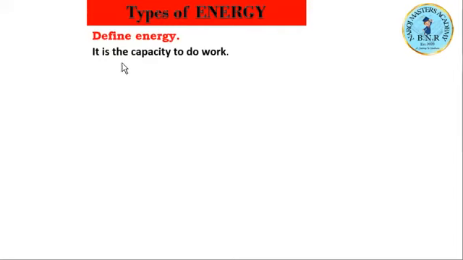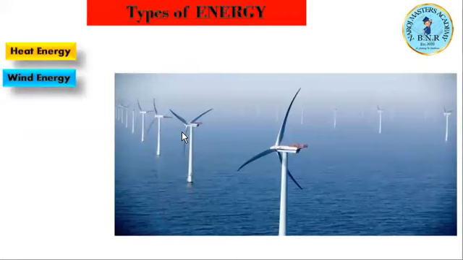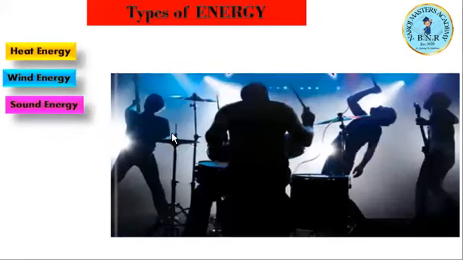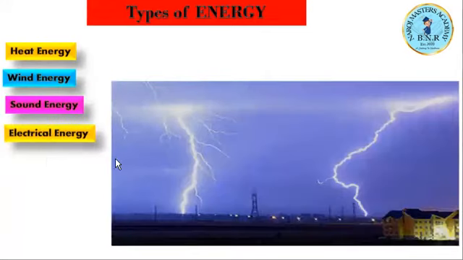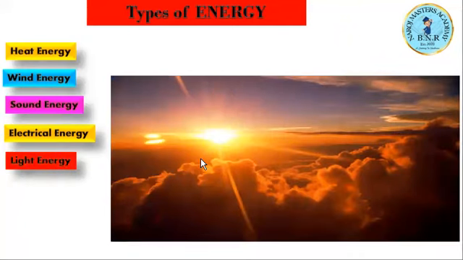Types of energies. You know that there are basically two types: kinetic energy and potential energy. Define energy. It is the capacity to do work. So here, heat energy and wind energy and sound energy and electrical energy and light energy.